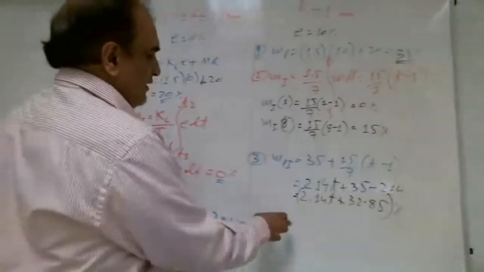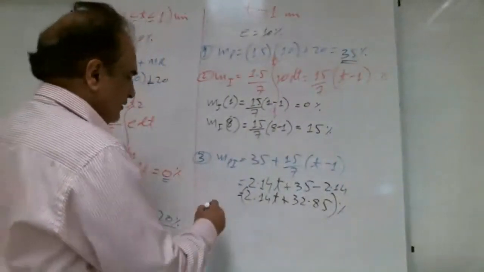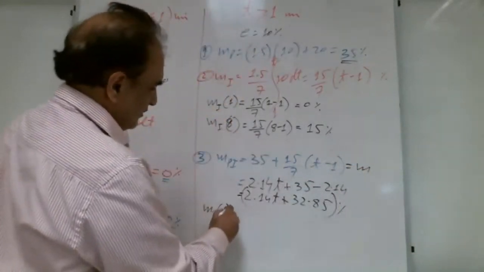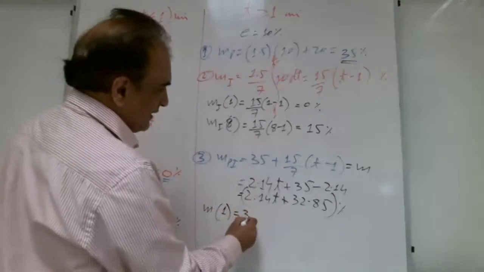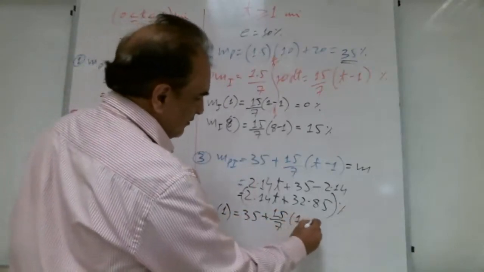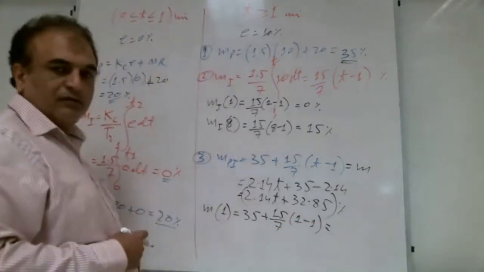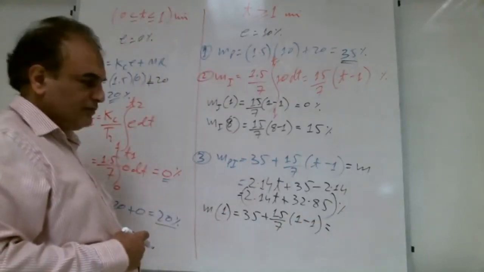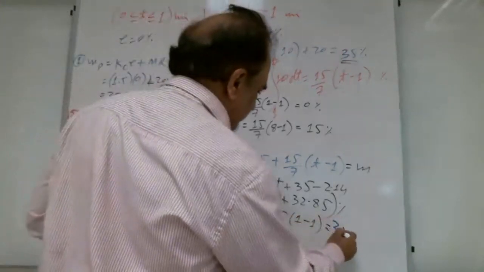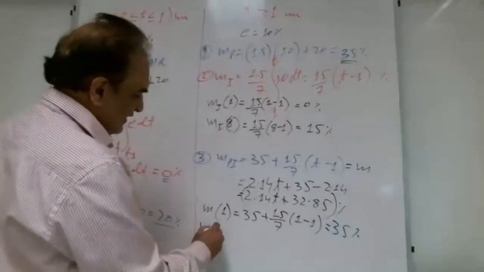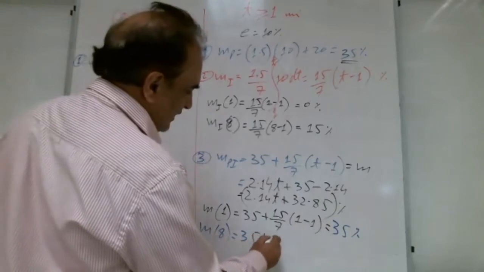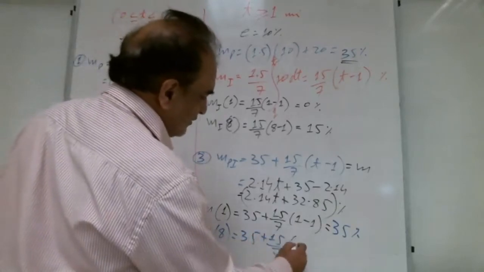Okay, at 1, how much is M? 35 plus 15 over 7, 1 minus 1. How much? 35. That's good. A lot of brothers are writing 35%. Okay, M at 8: 35 plus 15 by 7, 8 minus 1.